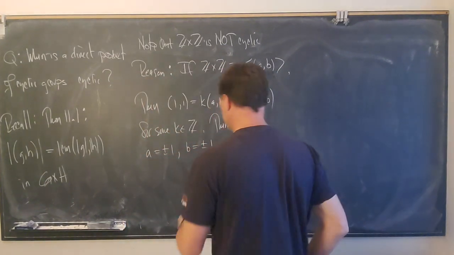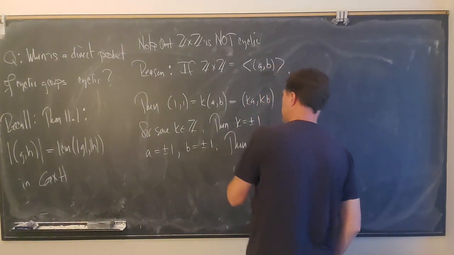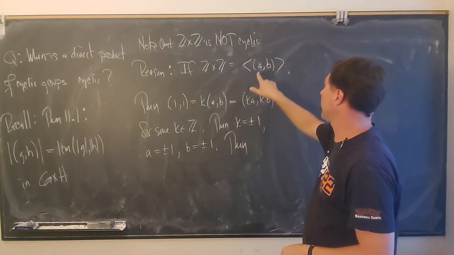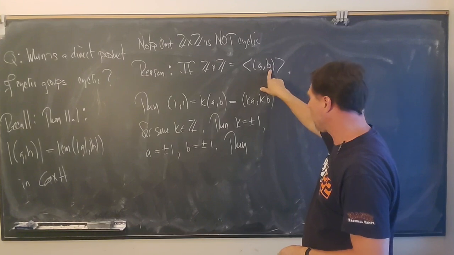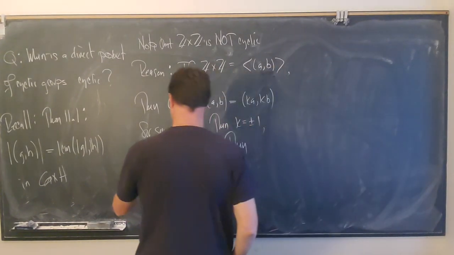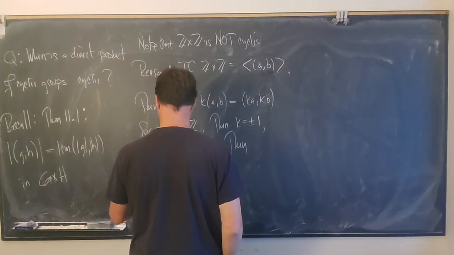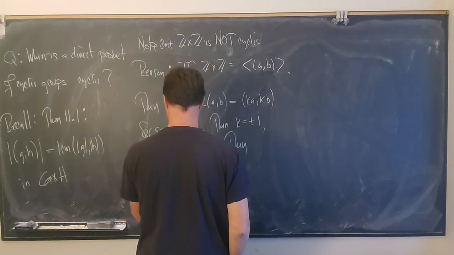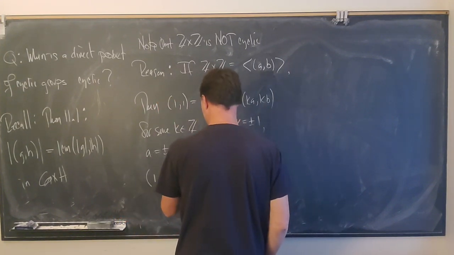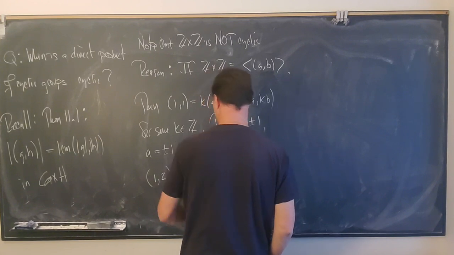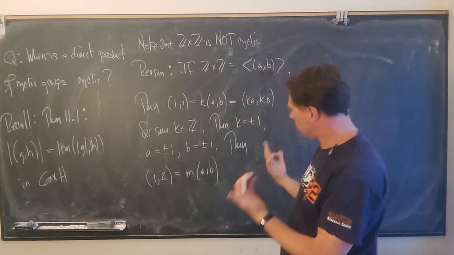But then, okay, so fine. That would mean that we've got a plus or minus 1 here and a plus or minus 1 here. But then (1, 2) equal to m times (a, b) is impossible. Why is that?